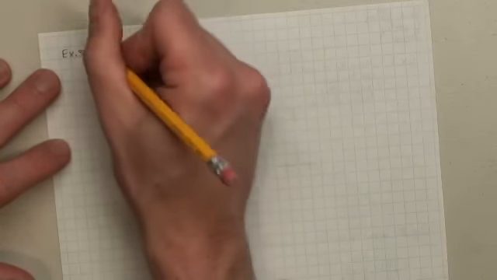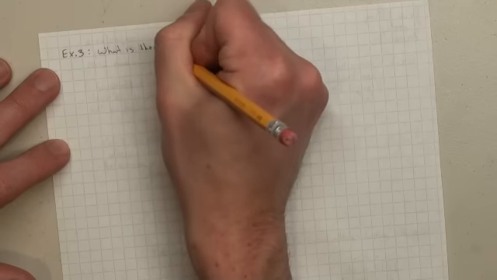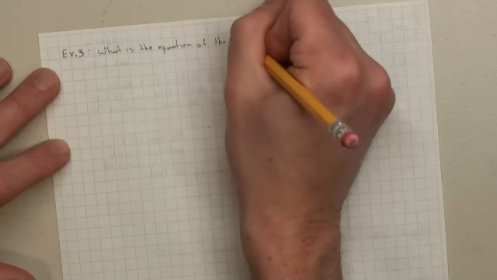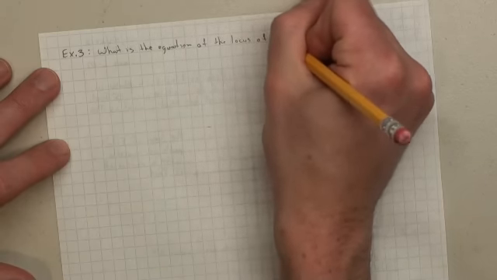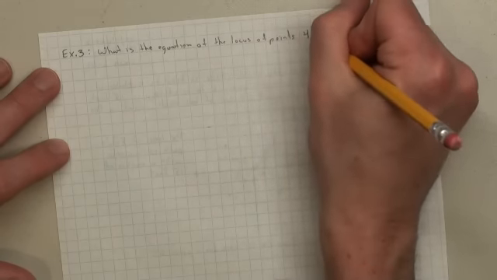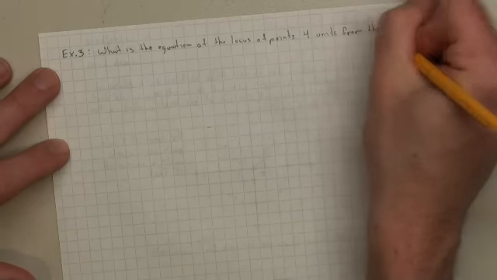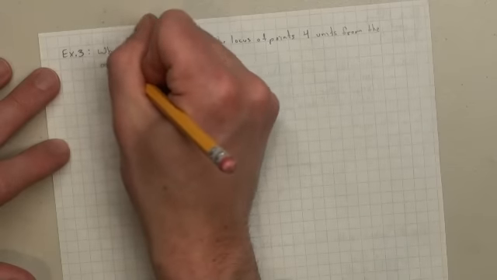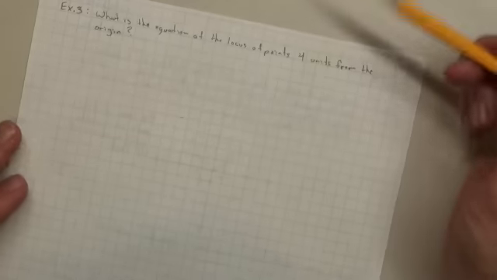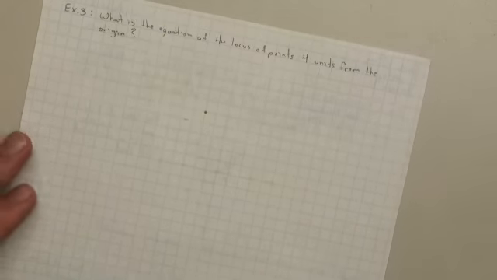What is the equation of the locus of points four units from the origin? Okay, so let's go down 1, 2, 3, 4, 5 and make an origin.